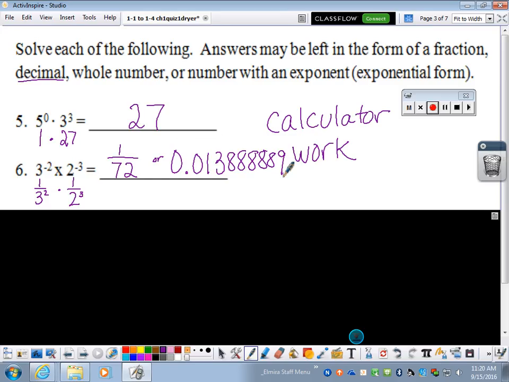What's really going on here is that the screen ran out of spaces to put numbers. And it rounded. This 9 is a rounded value. It's not really a 9. These 8s really go on and on and on forever. It's just that the calculator rounded when it ran out of space.